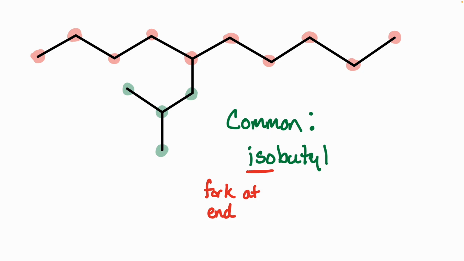And importantly, and this is a very tricky thing about these common names, the prefix that was used, butyl, corresponds to the total number of carbons that you see in that branched alkyl group. Not the longest continuous chain, but the total number of carbons. So there are 4 carbons in that branched alkyl group.